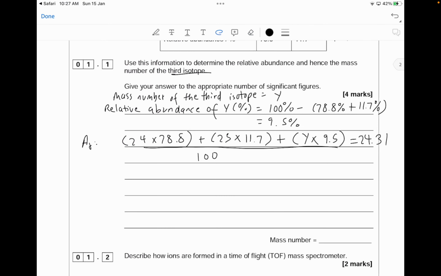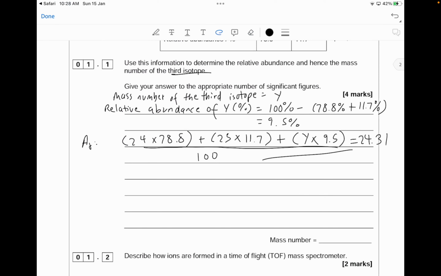Now using your calculator, you're going to multiply and add these numbers together. Remember to use your calculator in the exam. It's really helpful that you have a good calculator for the exam. If we simplify it, we're going to multiply 24.31 times 100, so it makes it much easier for us to arrange the right hand side and the left hand side.